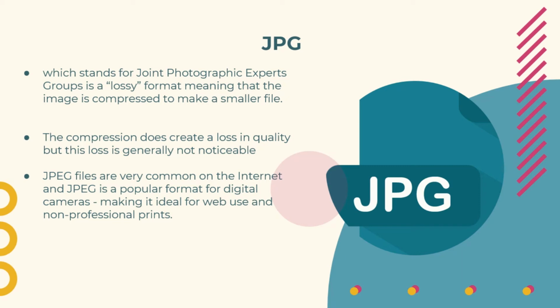The compression does create a loss in quality, but this loss is generally not noticeable. JPG files are very common on the internet, and JPG is a popular format for digital cameras, making it ideal for web use and non-professional prints.